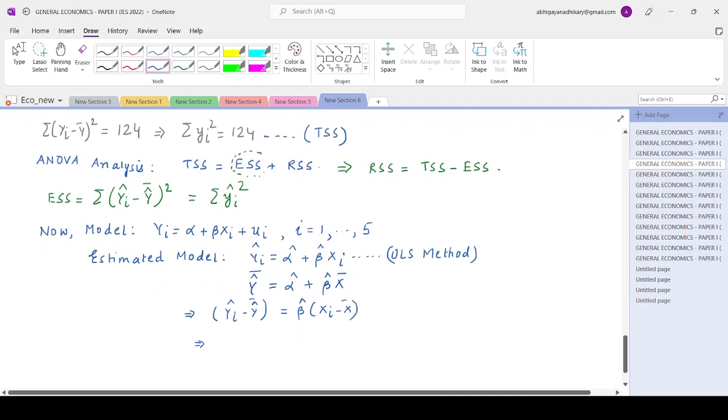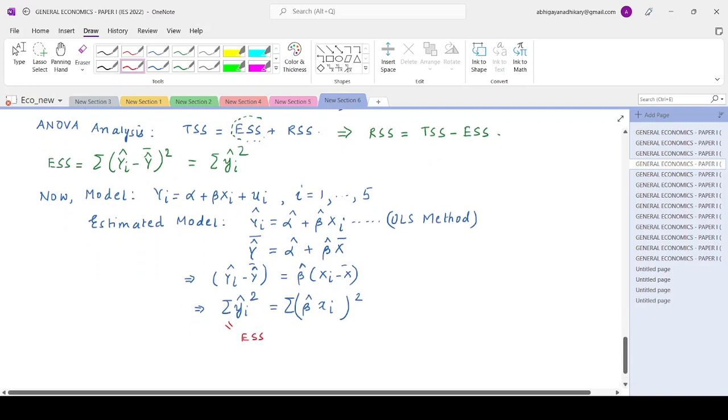That means this is basically small yi hat, which is beta hat times small xi, correct? Now if you take the square on both sides and take the sum, observe that the expression on the left side is nothing but the ESS.